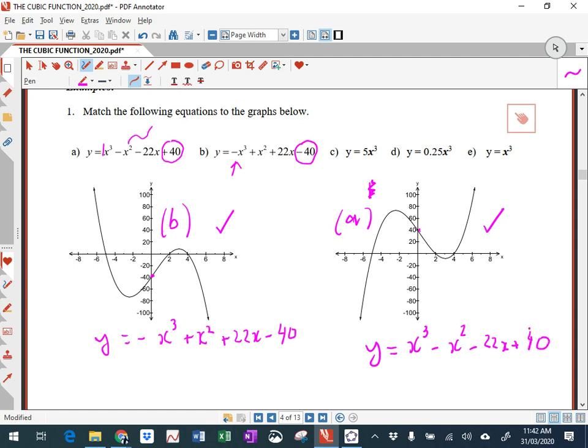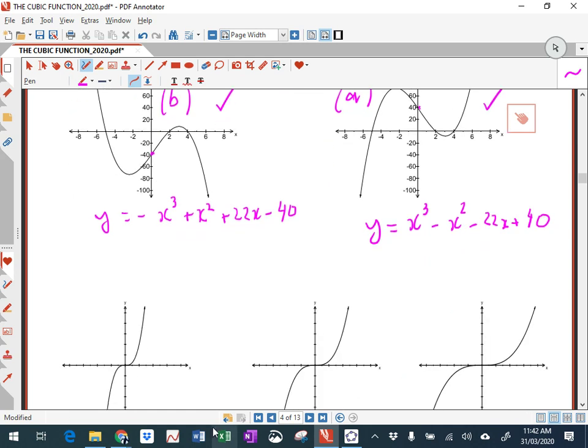Okay. All right. Now what about the other ones down the bottom? Now, these are all equations of the form y equals kx cubed. Now, I notice that these all go from concave down to concave up, every single one of them.